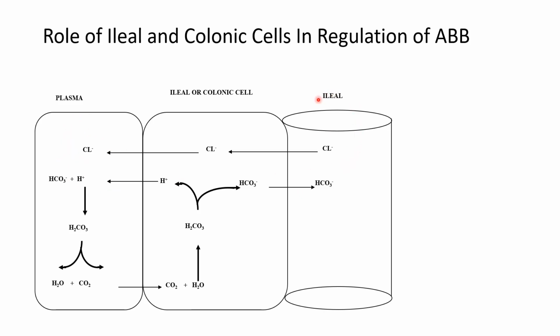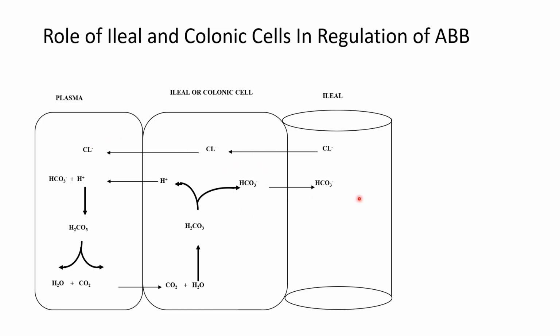For example, a patient who is having persistent diarrhea, passing out a lot of stool in the gastrointestinal tract, will have loss of a high amount of bicarbonate. In a bid to replace the lost bicarbonate, the ileal or colonic cells tend to synthesize a lot more bicarbonate, indirectly producing a lot more chloride that is going into the plasma.